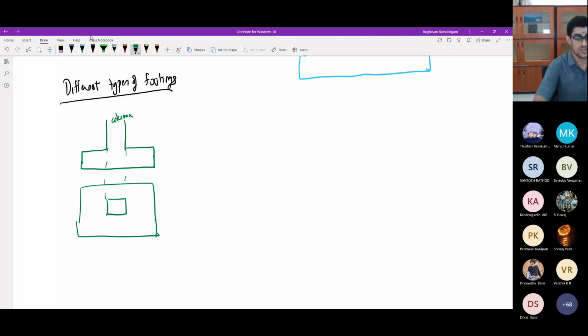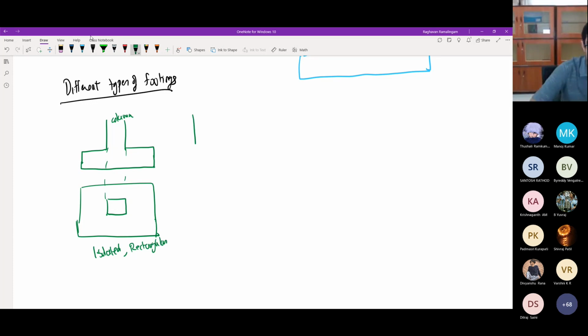You have a column and a footing below it. What is this type of footing called? Rectangular. Okay, the shape is rectangular, but any other name? Isolated footing. Isolated and rectangular.